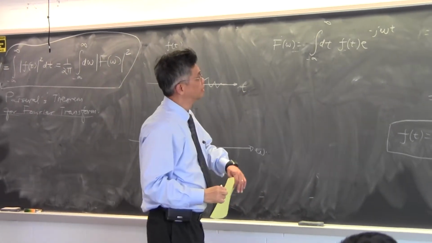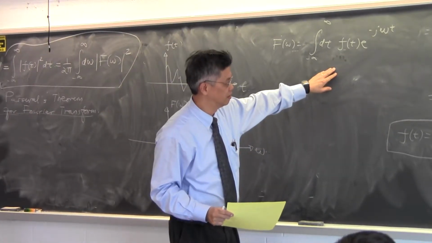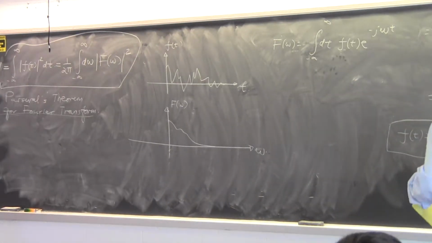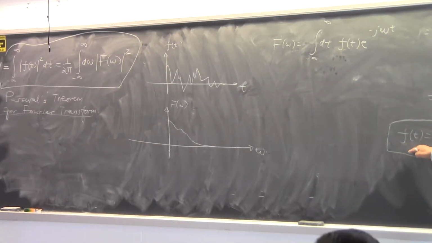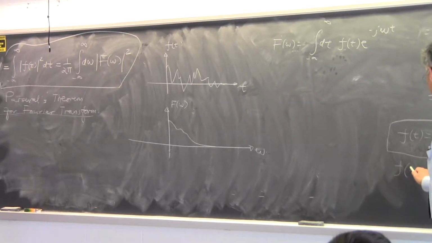If f of t is real, that means that if I take its conjugate, it becomes itself. If I take the conjugation of this equation, it becomes itself on the left-hand side.